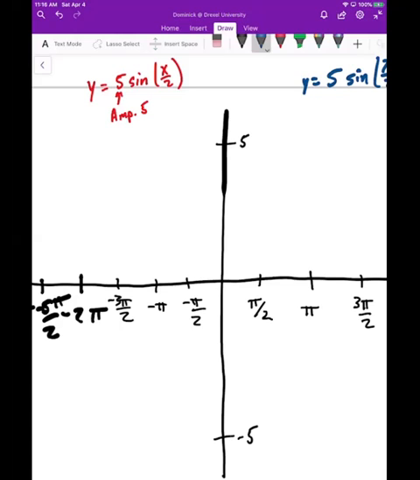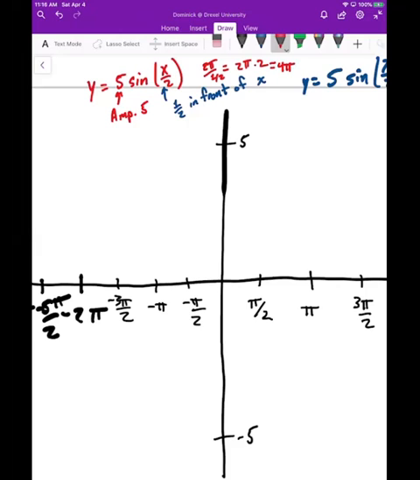And if I look at the number in front of the x, I have a 1/2 in front of x. So the period is 2 pi over 1/2, right? So the period would be 2 pi times the reciprocal, so times 2. So the period is actually 4 pi.